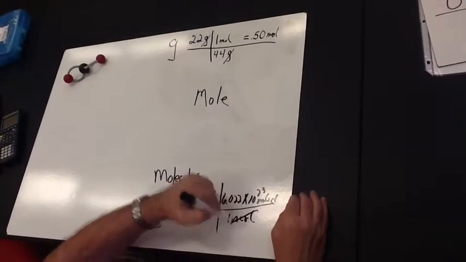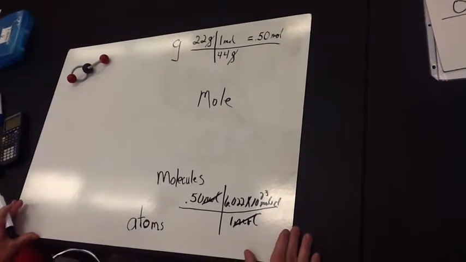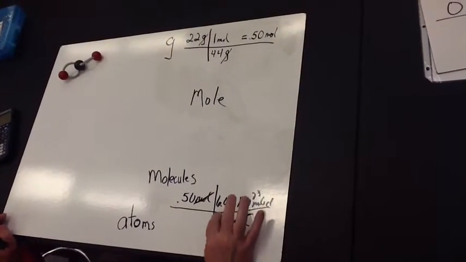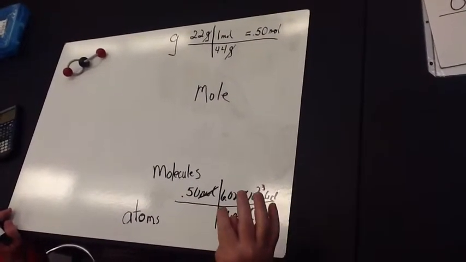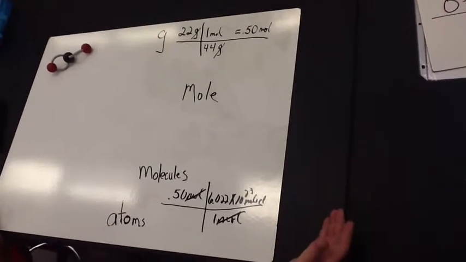And again, our moles cancel out, and now we just multiply, right? Right. And so we come up with 3.011 times 10 to the 23rd. Exactly, half as many molecules.